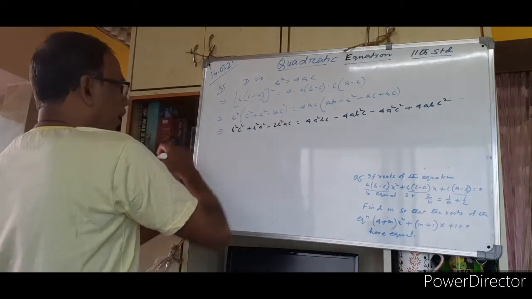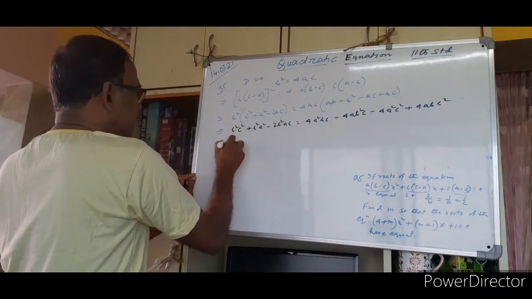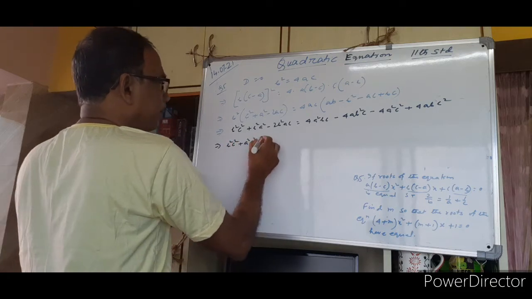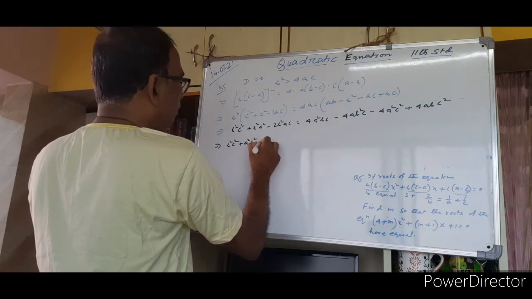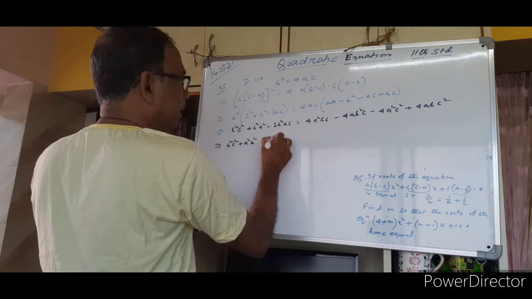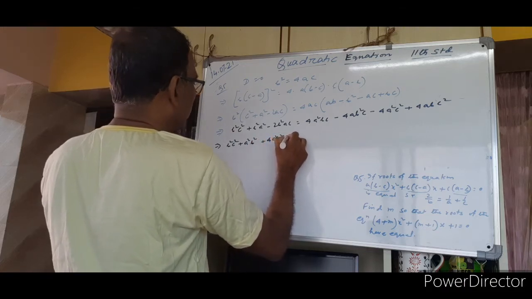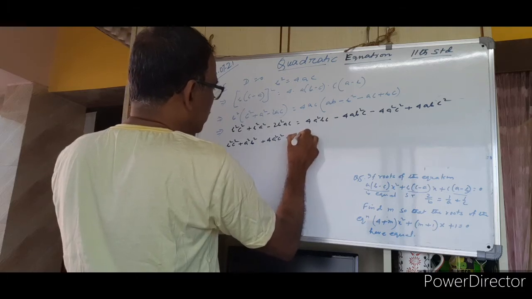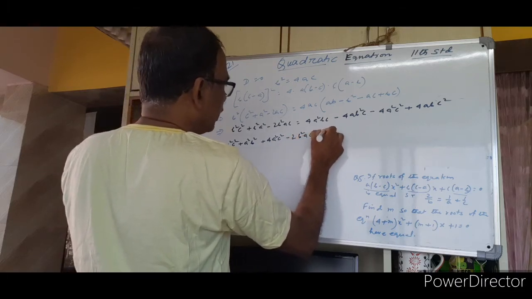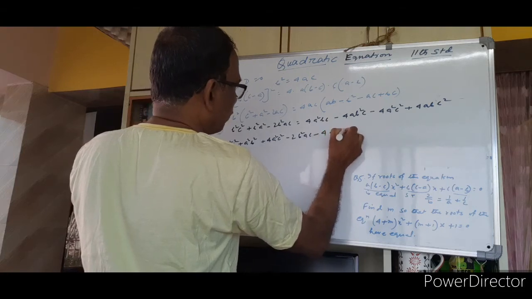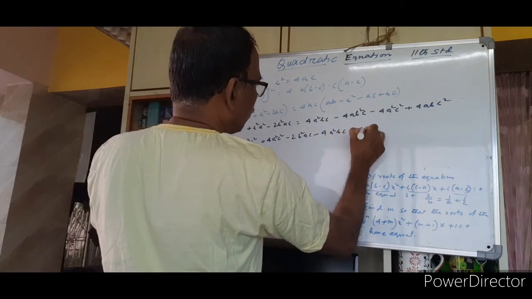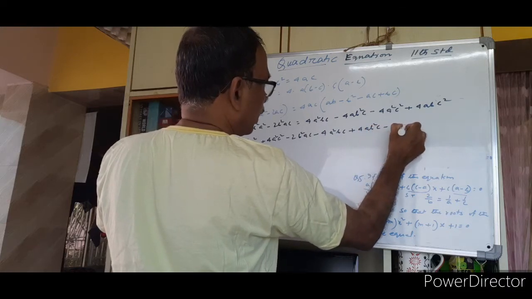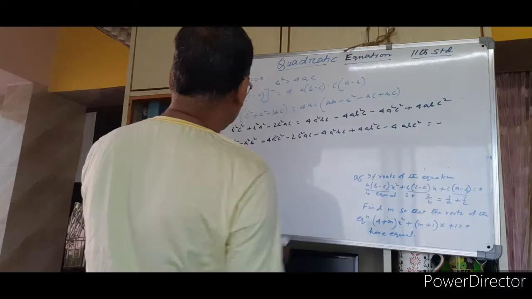Now bringing all this to the left hand side, that is b square c square plus a square b square plus 4a square c square minus 2b square ac minus 4a square bc plus 4a b square c minus 4ab c square equals 0.